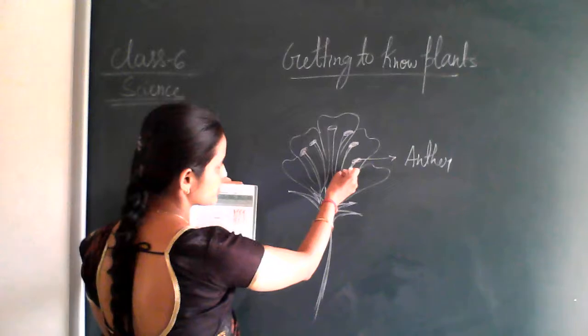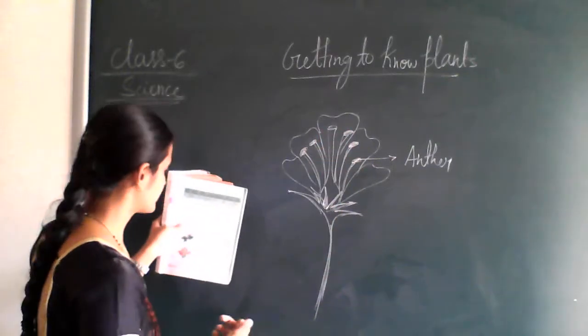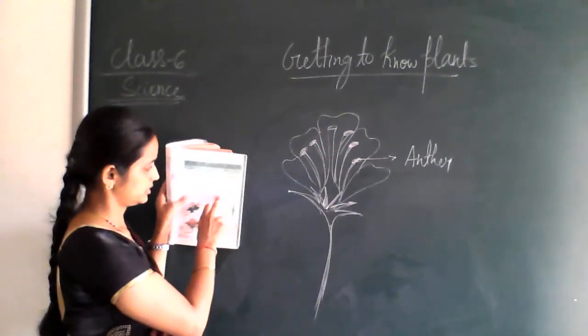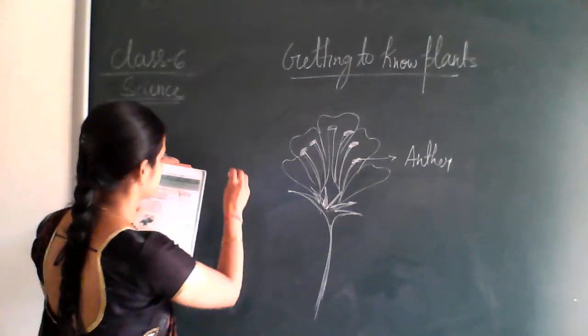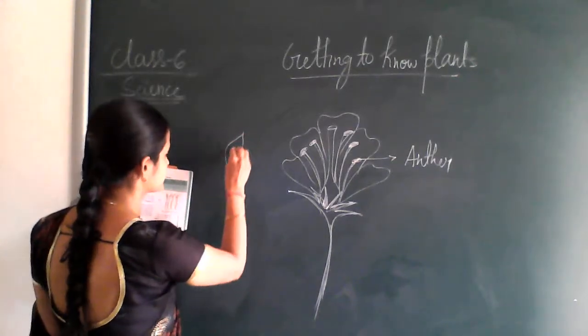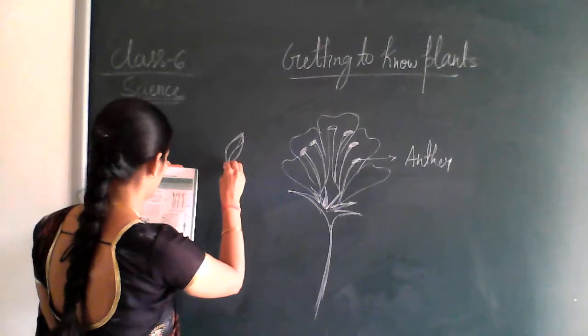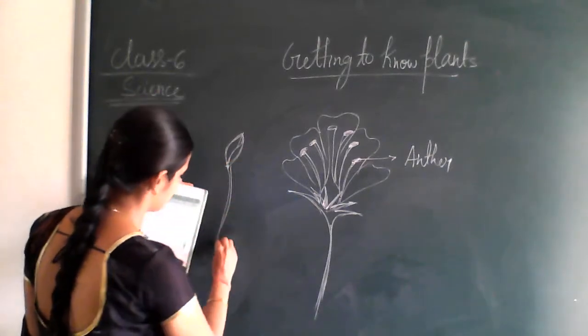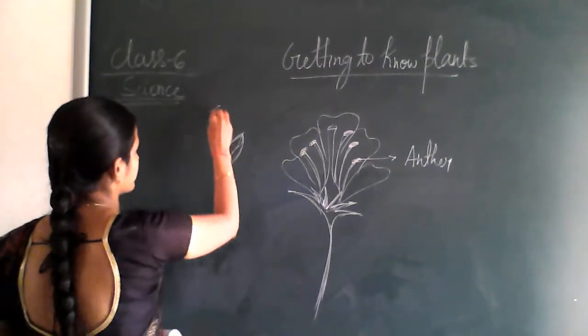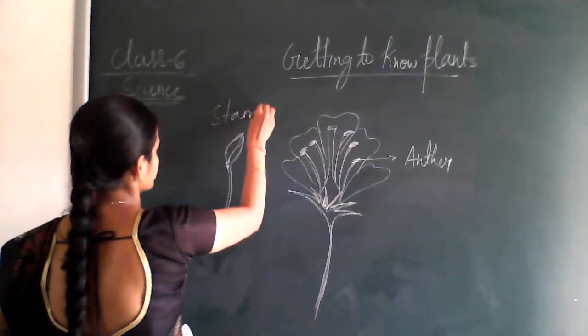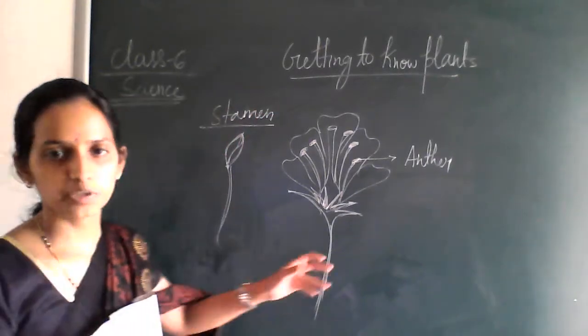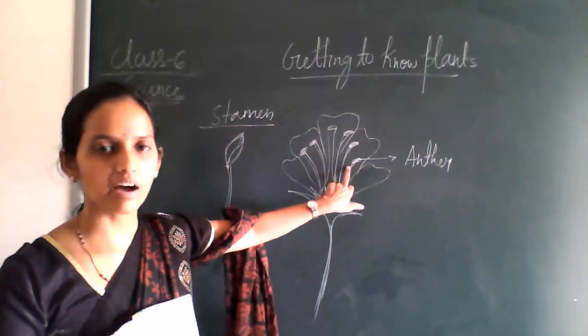An individual part has been removed. Figure 7.23 shows the anther, and the stamen. This is the part we are removing from the flower.